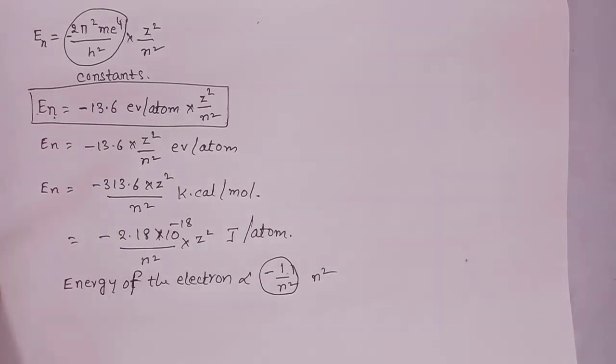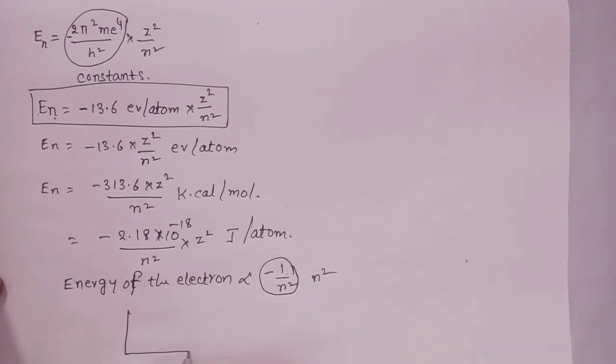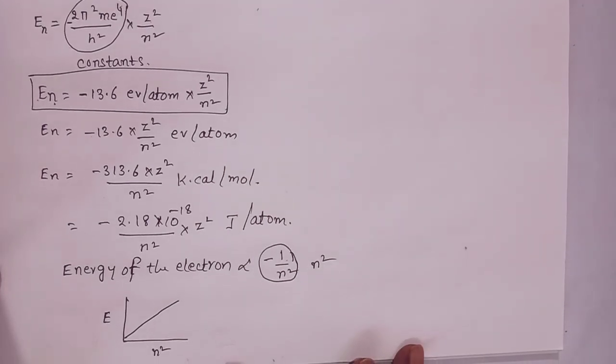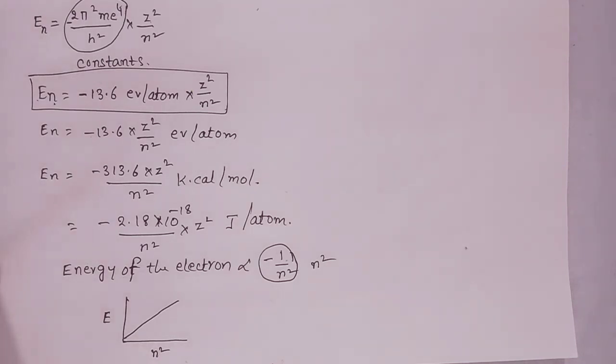If you plot a graph, you will get it like this. Here energy, and here you have to take the n square value, then you will get a straight line. As the shell number is increasing, what happened? Energy also increases.